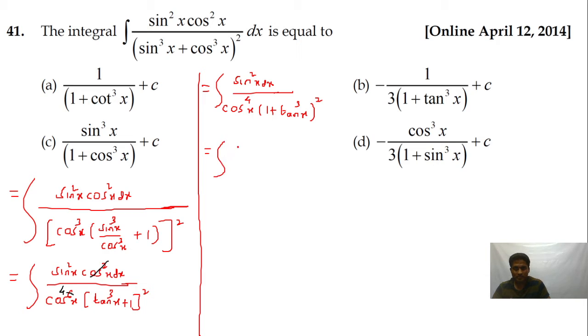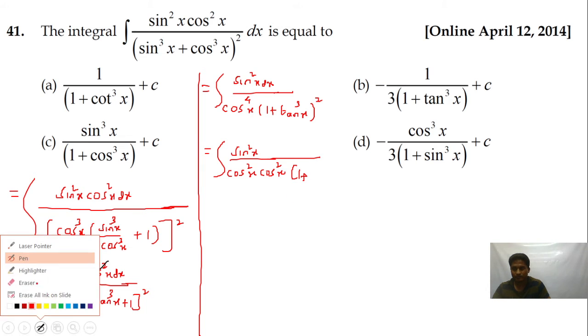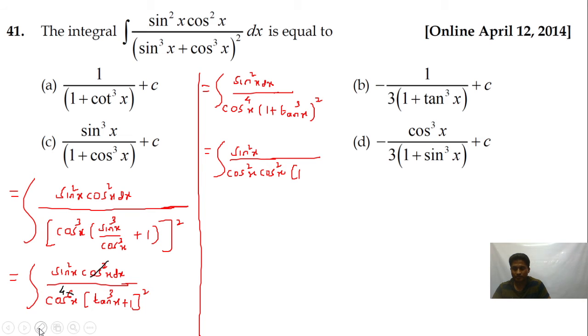This can be written as sin square upon cos power 4, which can be written as cos square into cos square, into 1 plus tan cube x the whole square dx.